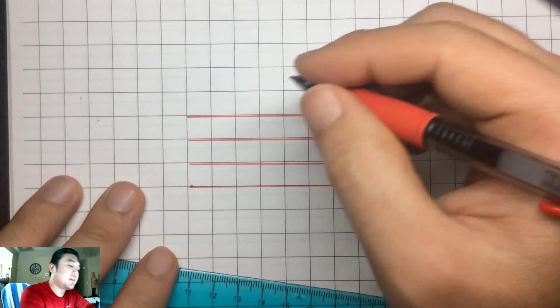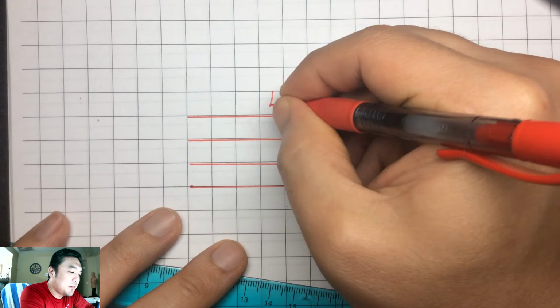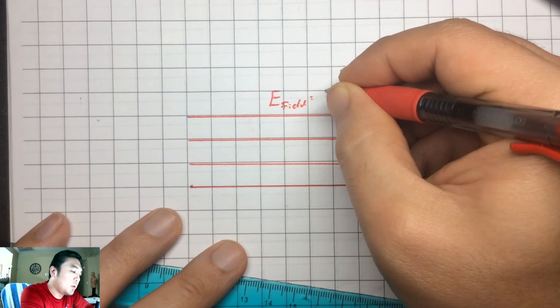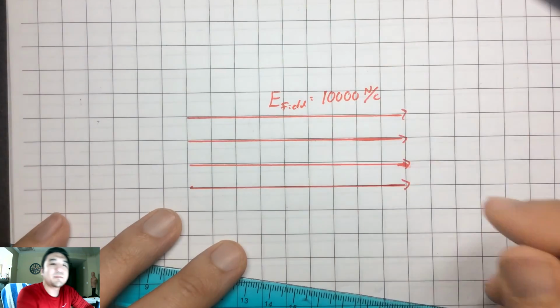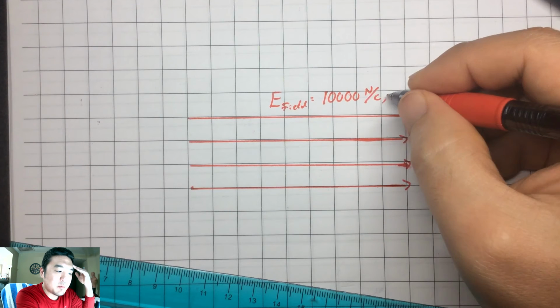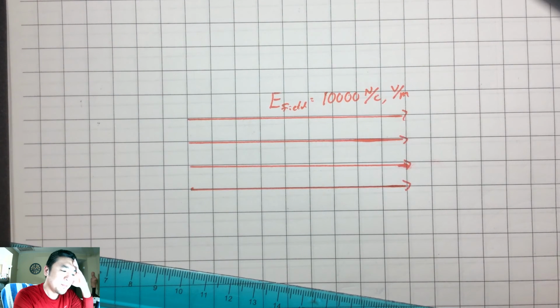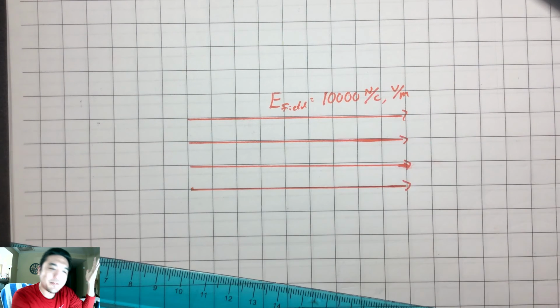Let's say we have an electric field that points just to the right. We don't really know what's causing it, we just know it's there. And the electric field strength is going to be, let's say, 10,000 newtons per coulomb. Another way to write that would be volts per meter, I think it is. And so you're probably going to see both, especially in Mastering Physics. But that's the field strength.